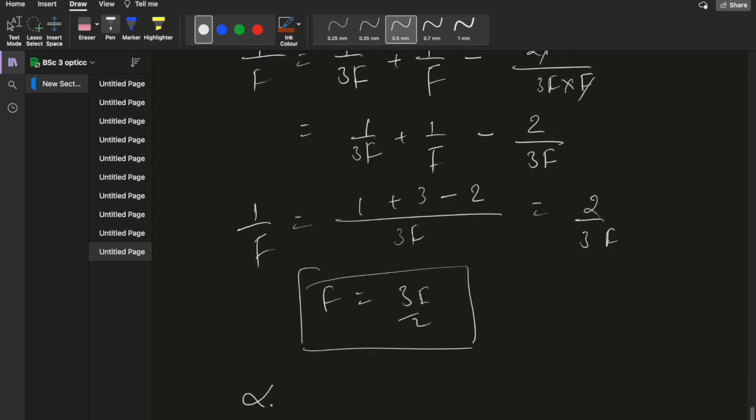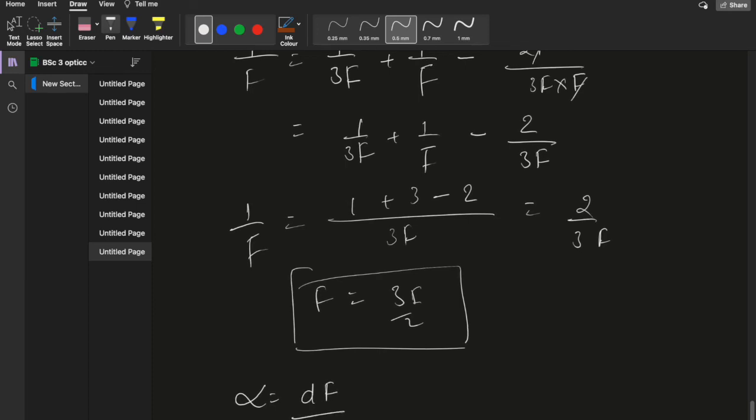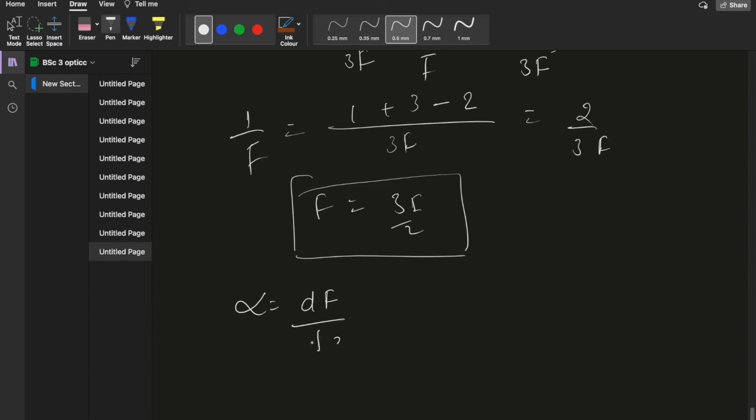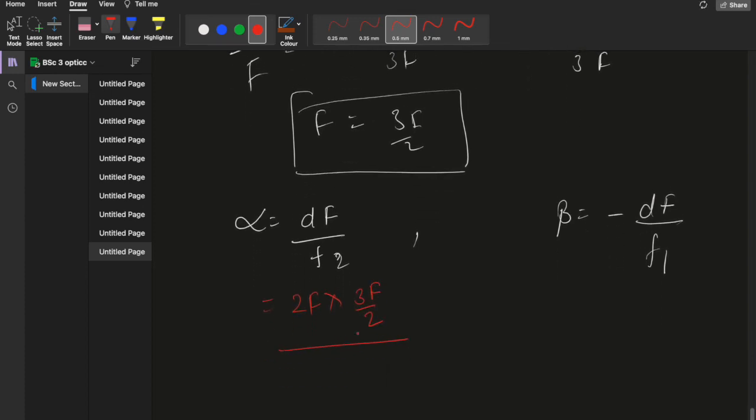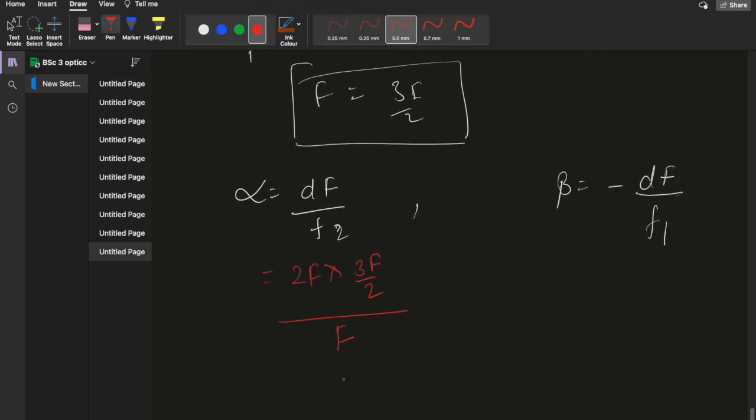For the principal planes, we know alpha is d of capital F upon f2, and beta is minus d of capital F upon f1. Now just substitute the values. d is 2f, capital F is 3f upon 2, f2 is f. The f cancels out with the 2, so alpha becomes 3f.